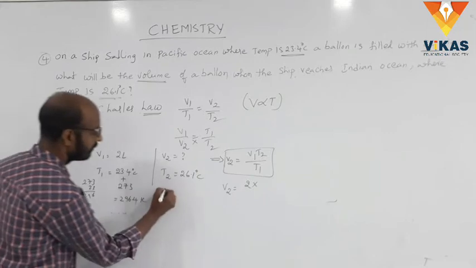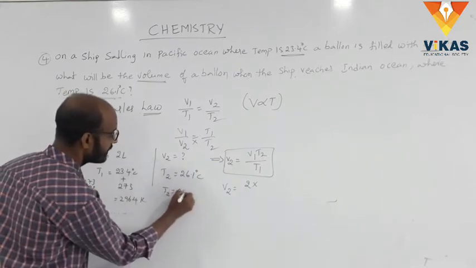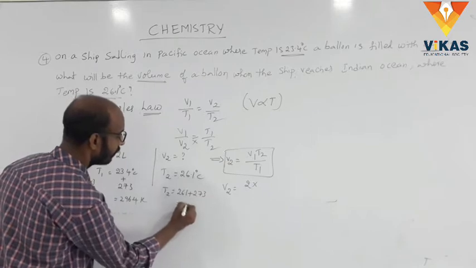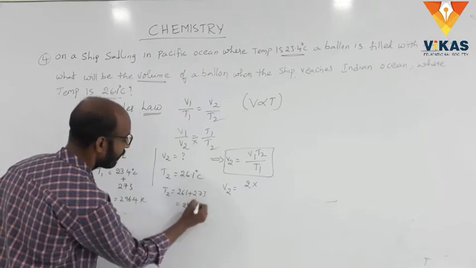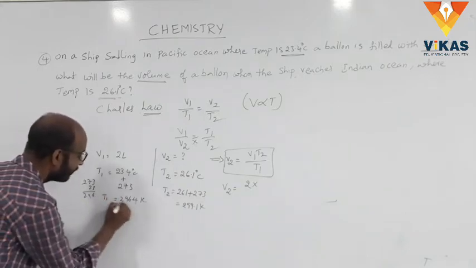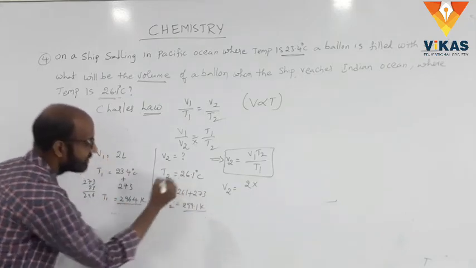And here T2 is converted into 26.1 plus 273, that is equal to 299.1 Kelvin. ఓకే నాన్న, ఈ 2 వాల్యూస్, ఇది T1 వాల్యూ, ఇది T2 వాల్యూ, ఈ 2 వాల్యూస్ని సబ్స్టిట్యూట్ చేయండి.